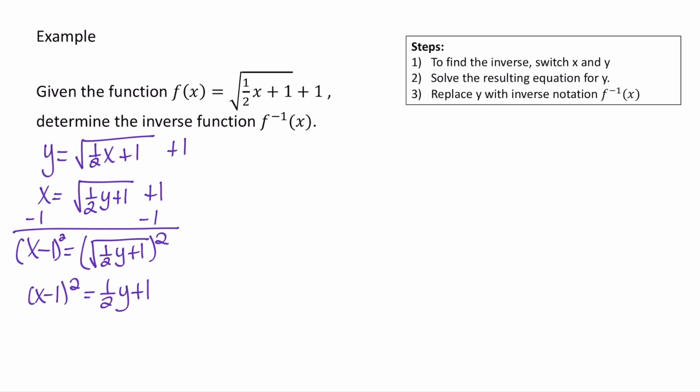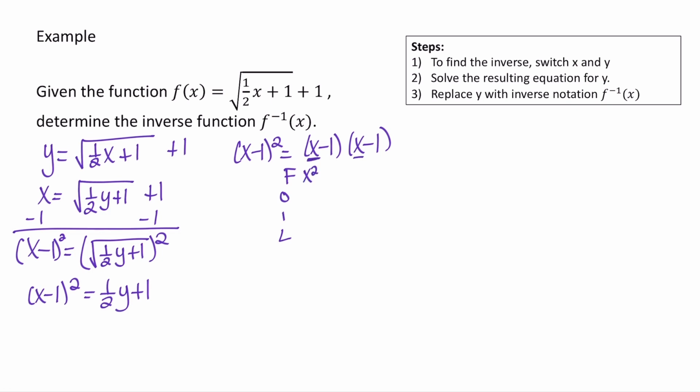So now I need to get this y by itself. So I'm going to go ahead and expand out that x minus 1 squared. Remember that x minus 1 squared is the same thing as x minus 1 times x minus 1. I can use FOIL to expand out these terms, right? I do first times first, which is x squared.